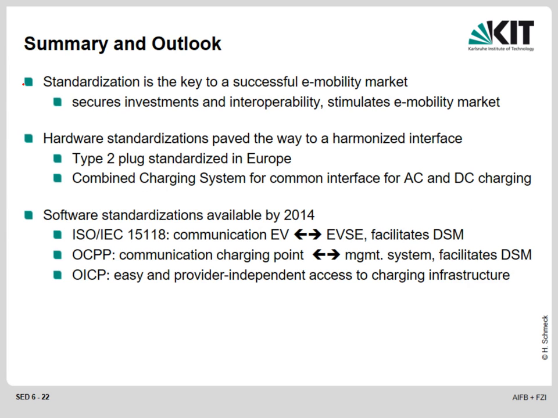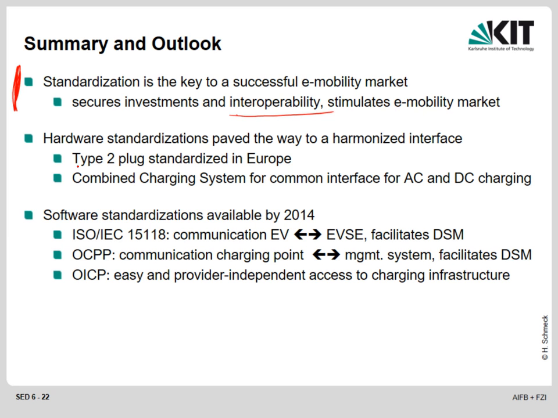So it's obvious that in order to have a simple way of recharging our batteries at any place, we need standardization. We have to be able to do that in an interoperable way. We don't want to have different equipment for different charging stations in different countries.